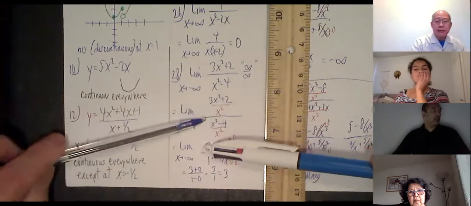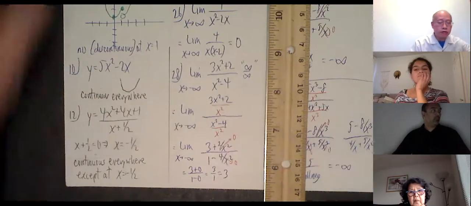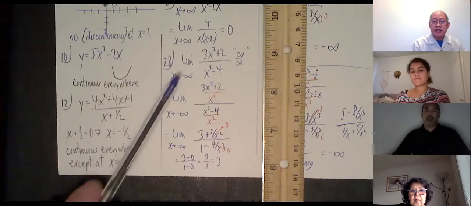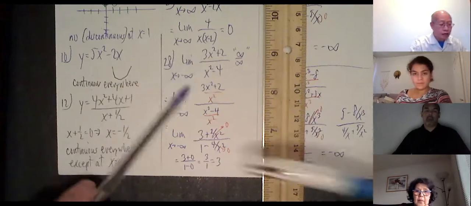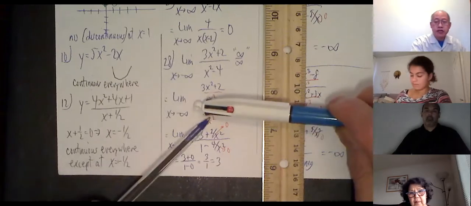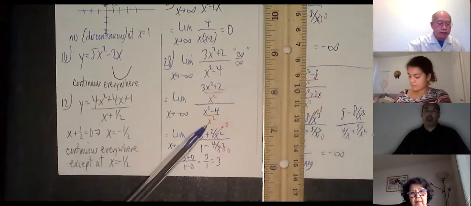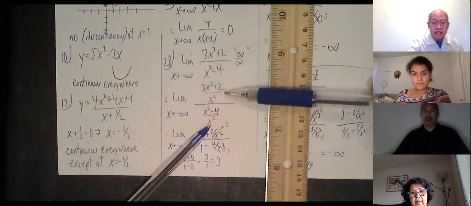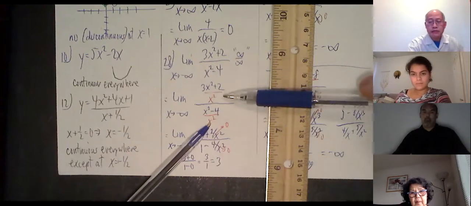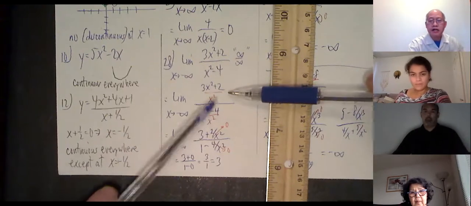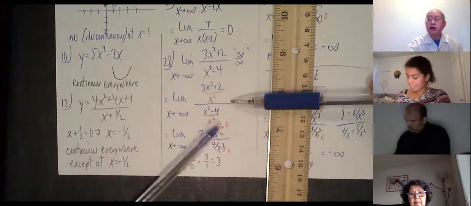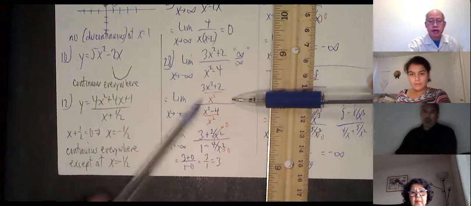You divide the top and bottom by x squared. So what I have in red, so I raised up this 3x squared, kind of put it a little bit higher, raise up the x squared minus 4, and then divide top and bottom by x squared, which is a valid step. Okay. On a deeper scale, you're multiplying the numerator and the denominator by 1 over x squared, so to speak. Anyway, this is a valid step.